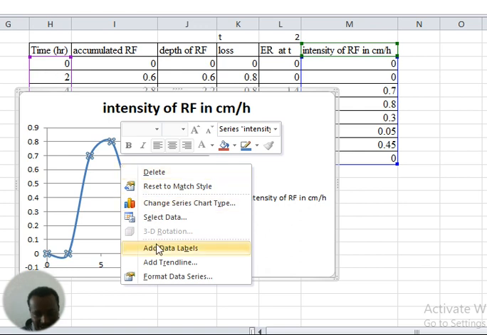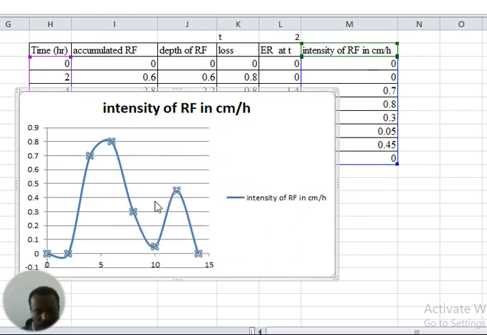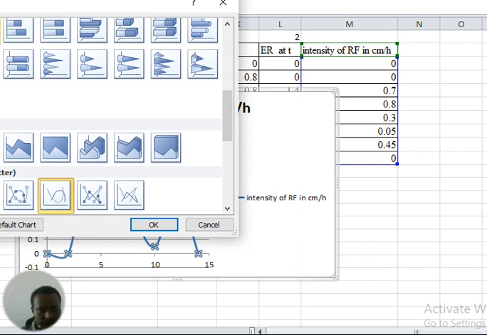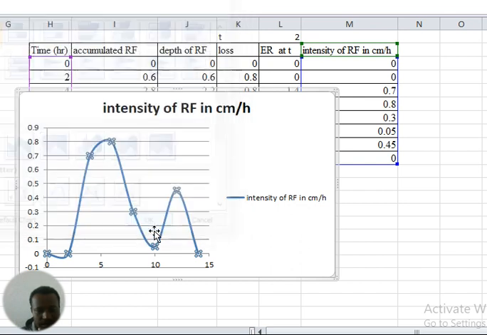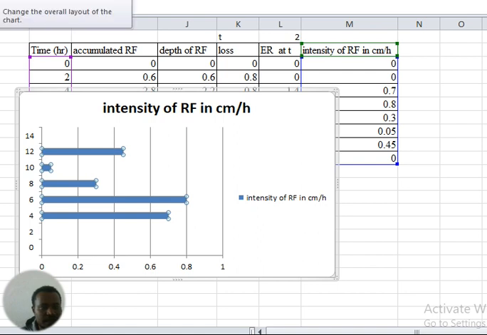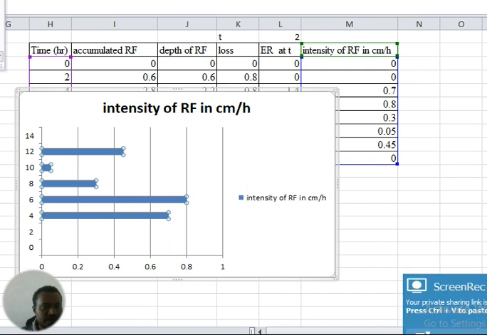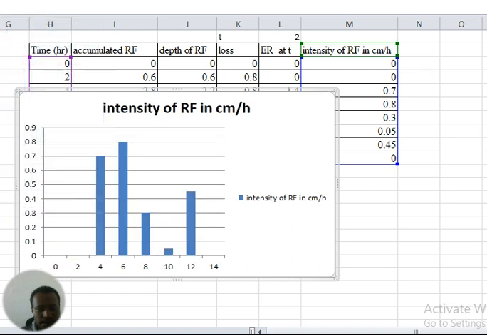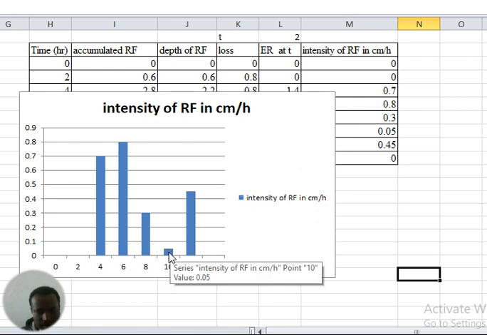But change to this, change the column, and the vertical column is cut. In this case, this effective rainfall is what? 0.5.